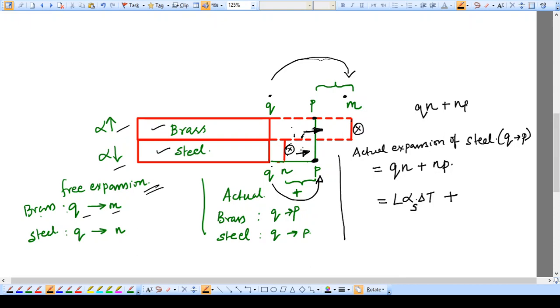Therefore, there will be a strain due to the tensile force. So I can write Np as the change in length due to tensile stress.